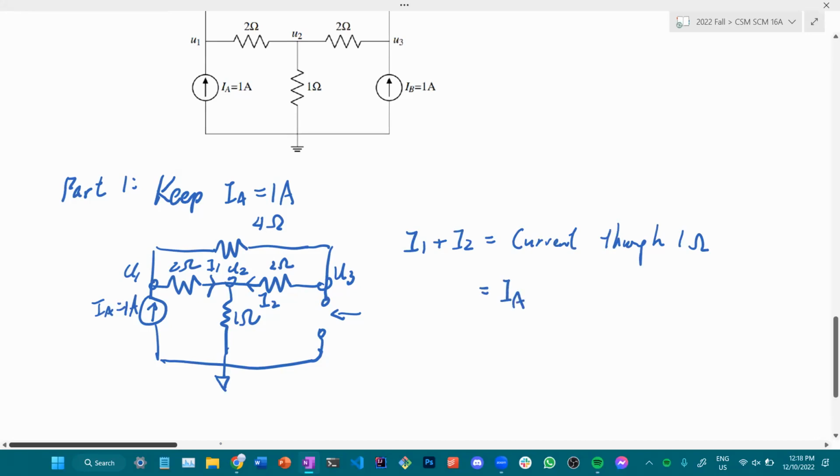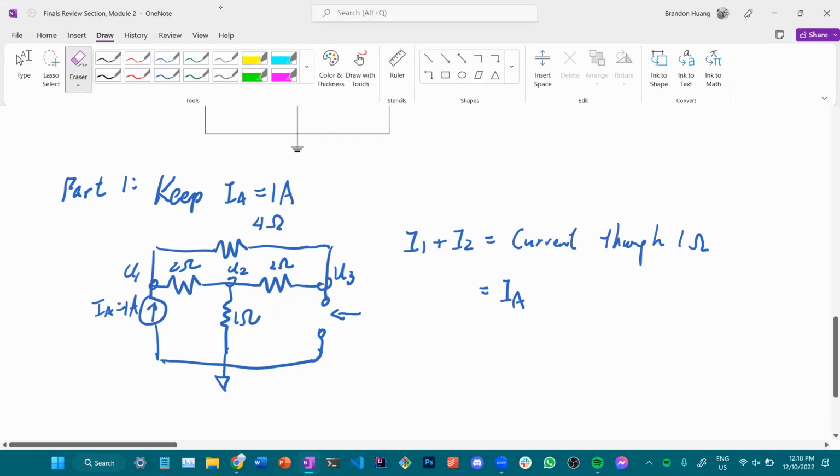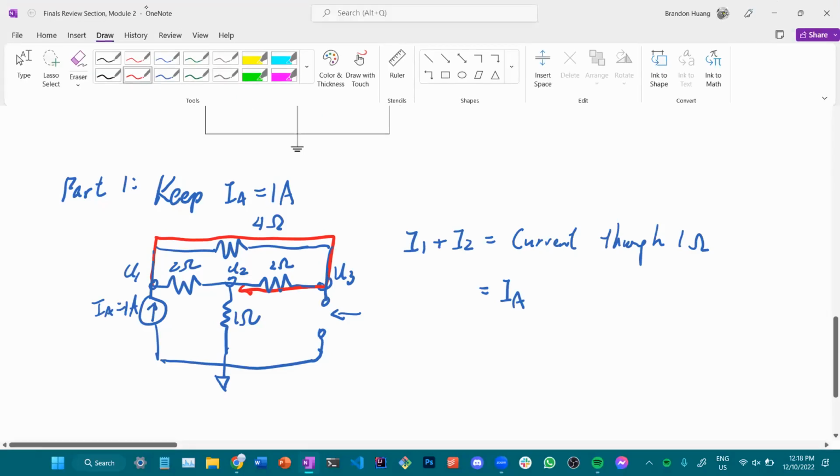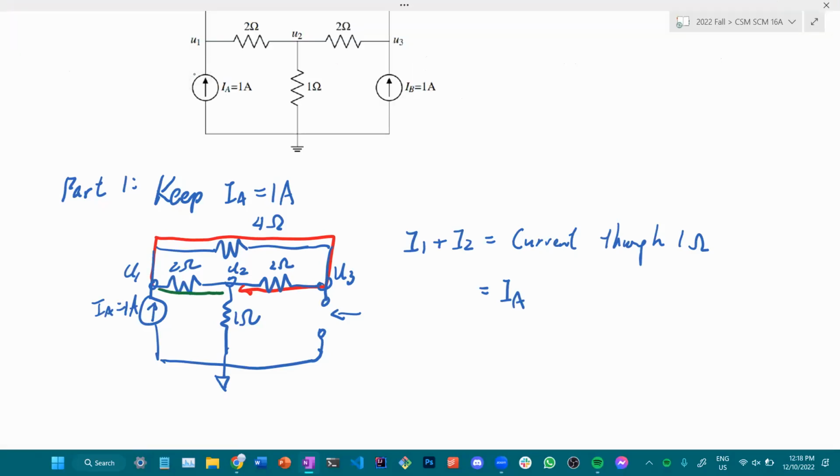Another way to think about this is that the current from the current source IA goes through two different loops. I'm going to use a different color here to notate it. My current can either go through this longer loop or this shorter loop, and either way, they're going to recombine to give me the original amount of current, which is IA.